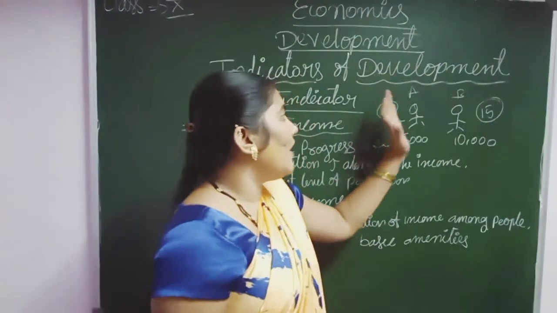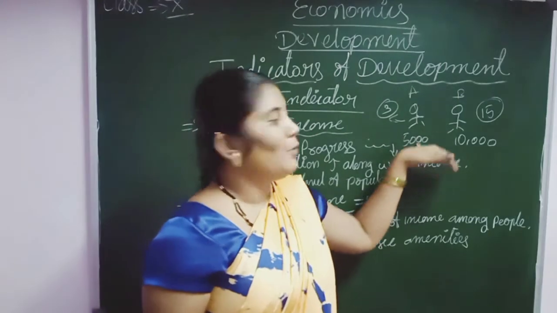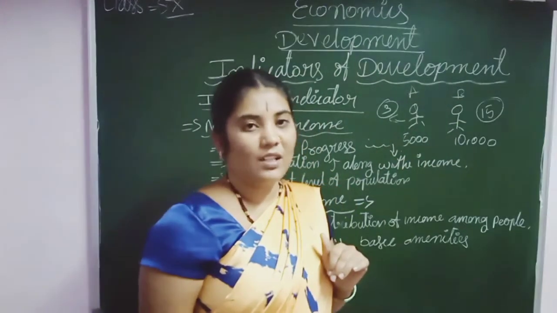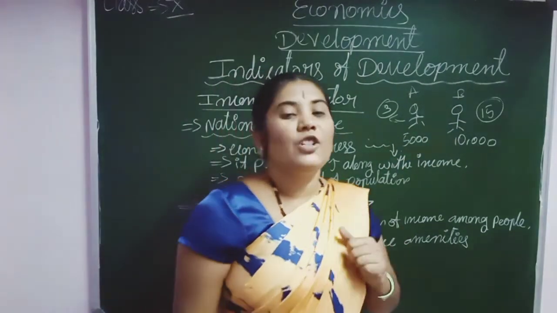A is getting 5,000 rupees, but B is getting 10,000 rupees. So who is rich here?